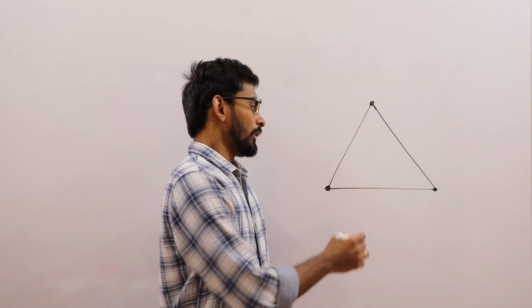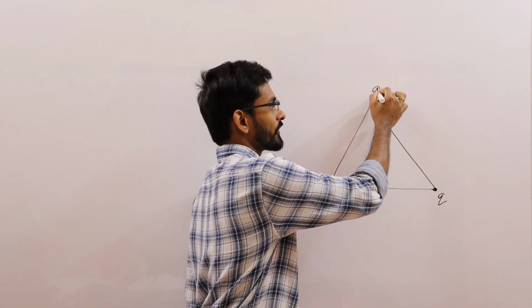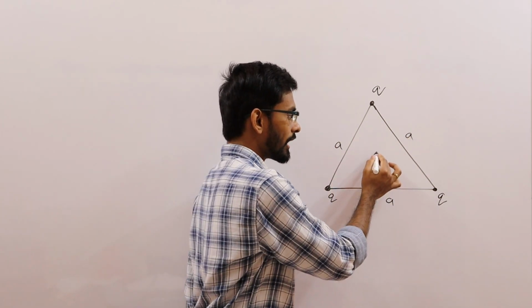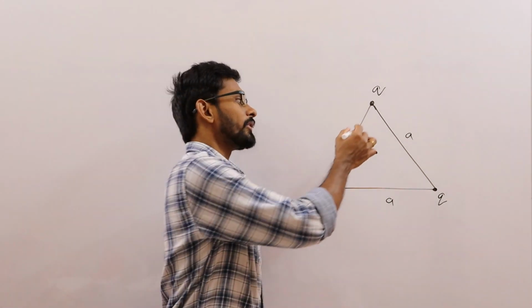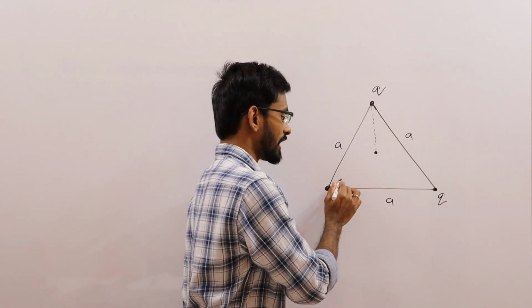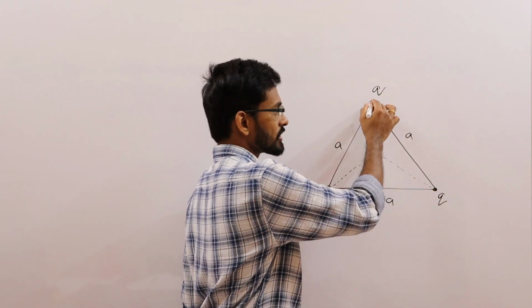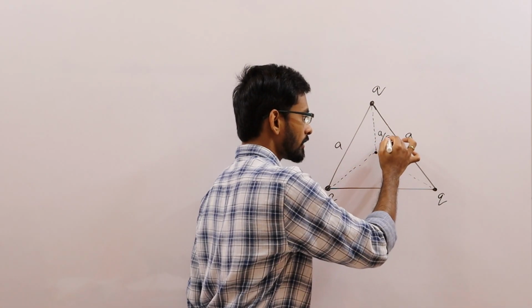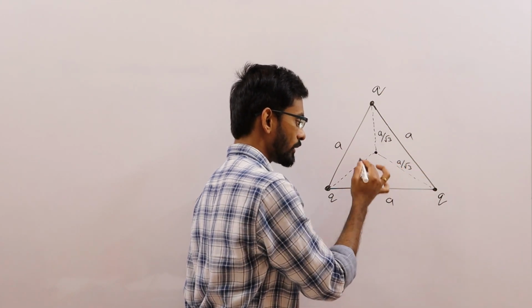Now let us consider three identical charges on the vertices of an equilateral triangle of side A. And now let us calculate the net electric field at the center of this equilateral triangle. Okay, now let us first calculate the electric field due to individual charges. We know this distance will be A by root 3, and this is also A by root 3, and this distance also will be equal to A by root 3.